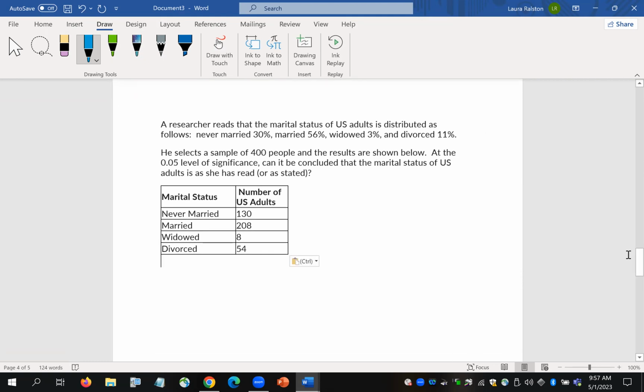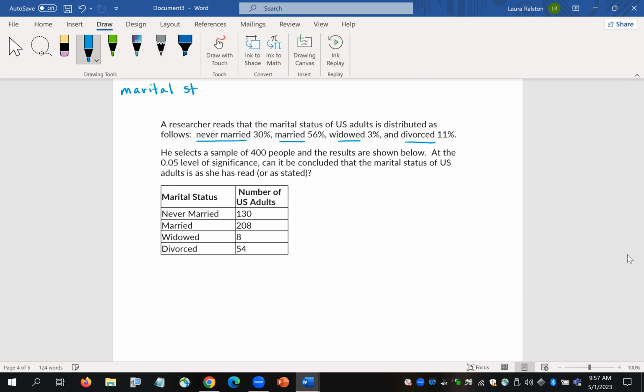All right. So, a couple of things you can do here. Hopefully you realize in reading this that what you have is qualitative data, because you're talking about the options for marital status. And those options are words.